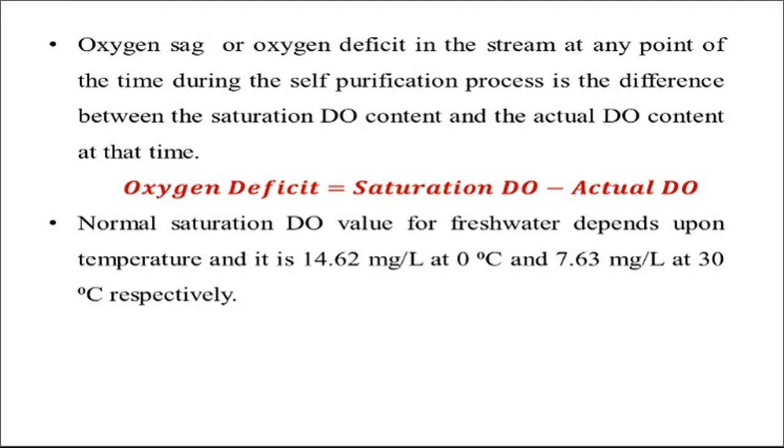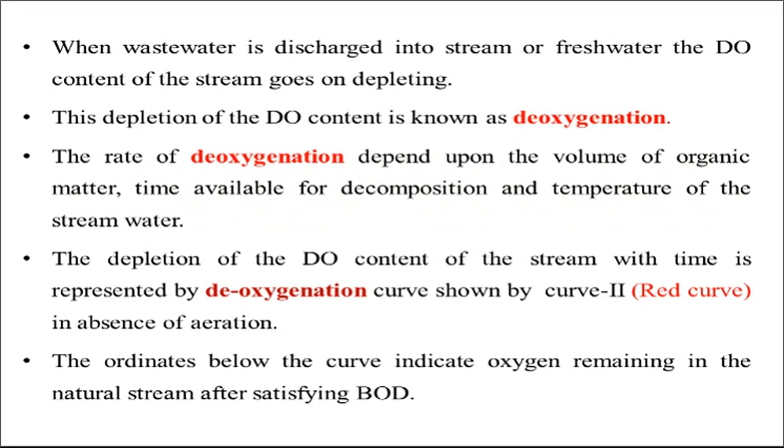Normal saturation DO value for fresh water depends upon temperature, and it is 14.62 milligrams per liter at a temperature of 0 degree centigrade, and 7.63 milligrams per liter at 30 degree centigrade.